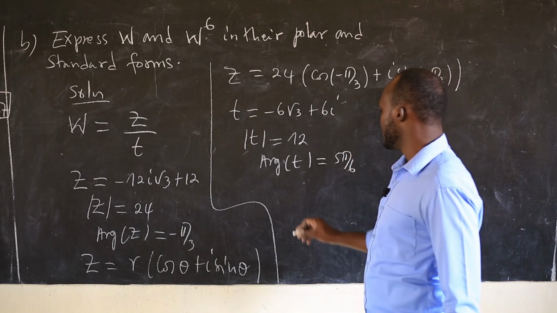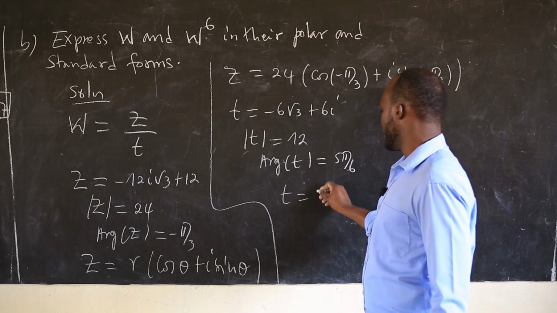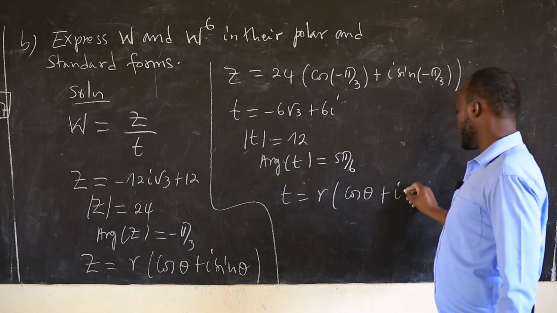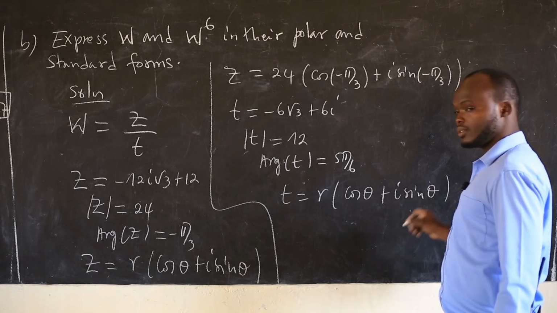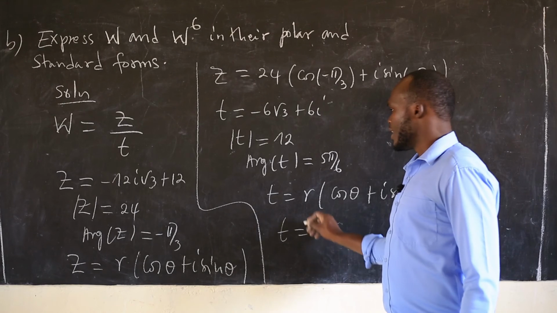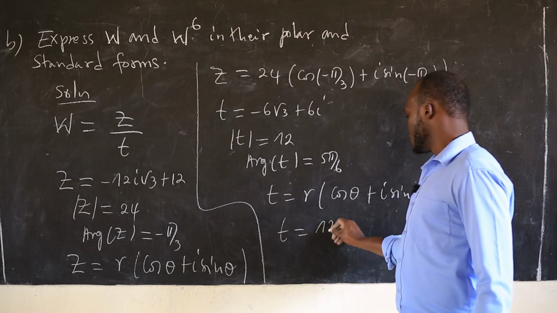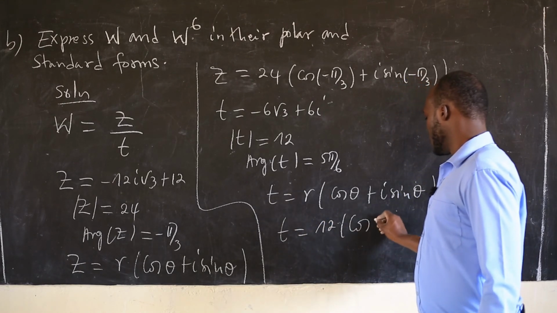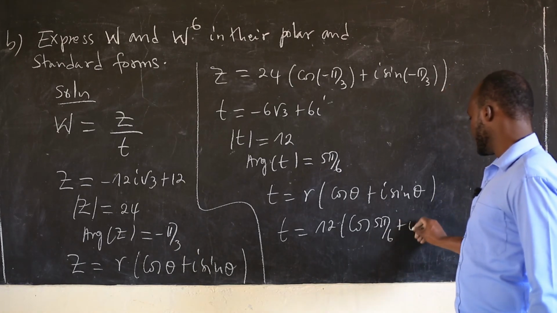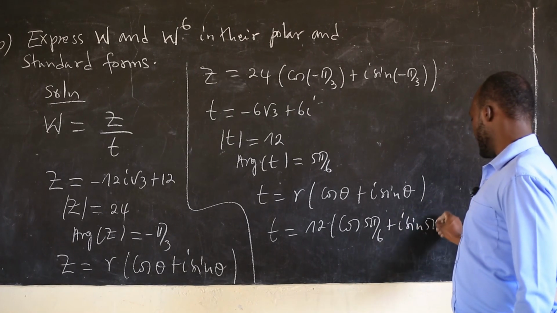So now, t in the polar form is r into bracket cos angle plus I sine angle. So our t will be equal to, what is r? 12 into bracket cos 5 pi over 6 plus I sine 5 pi over 6.